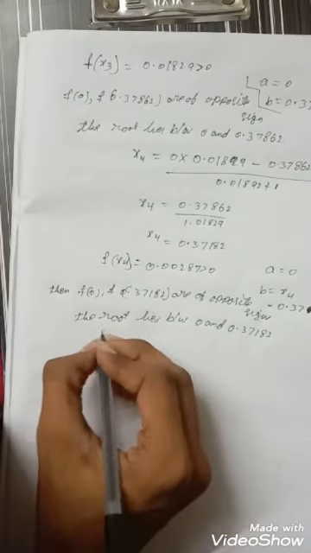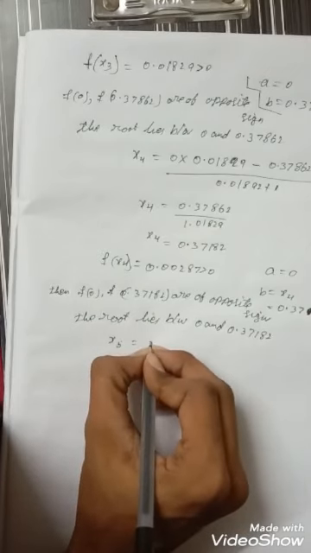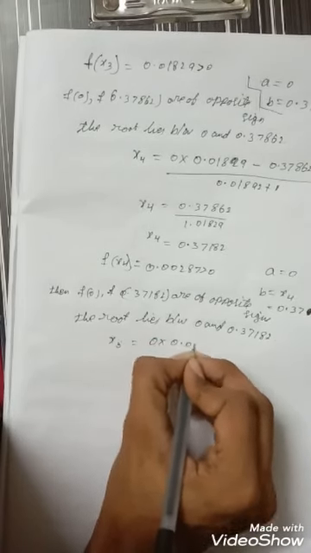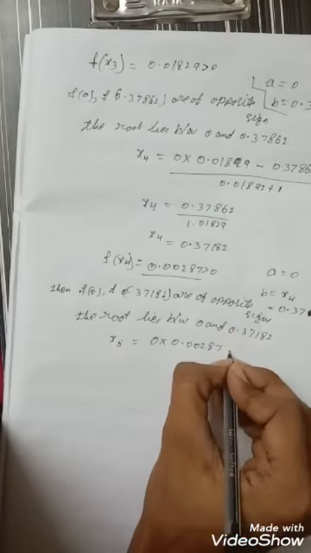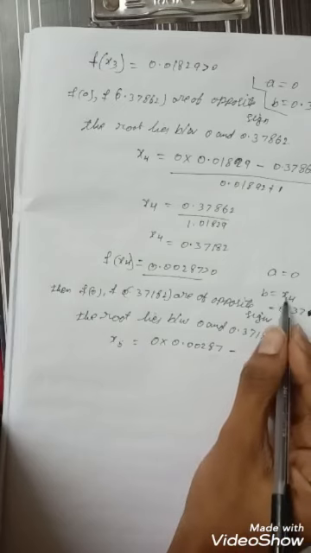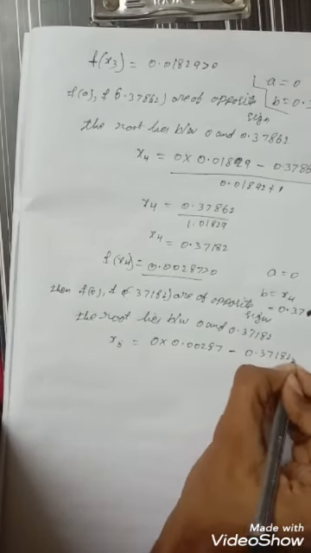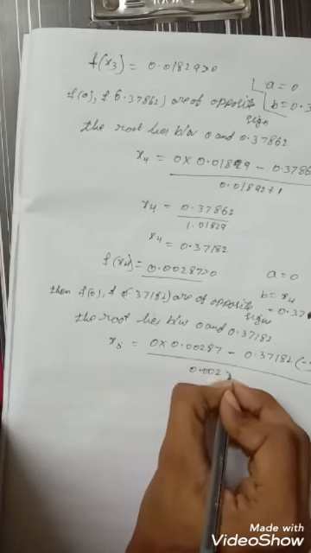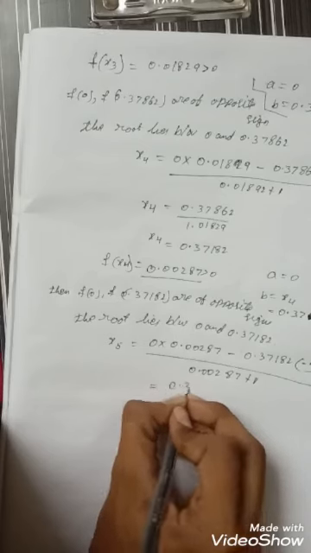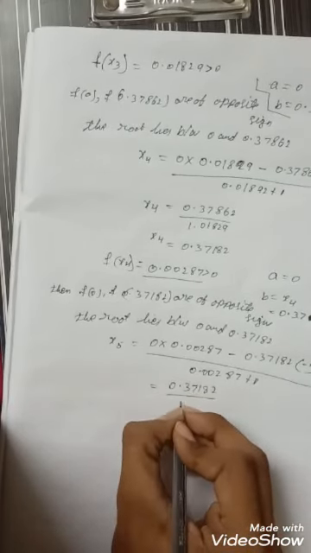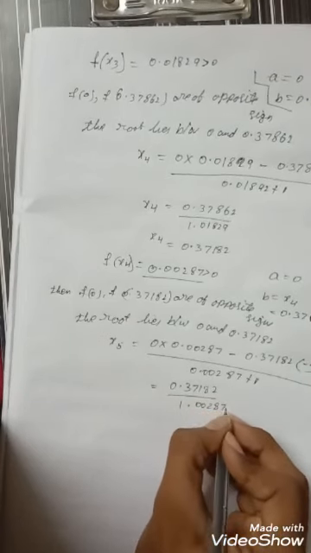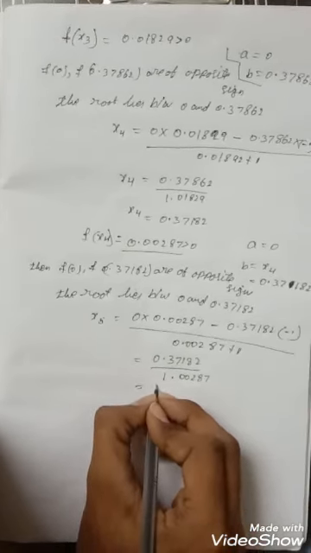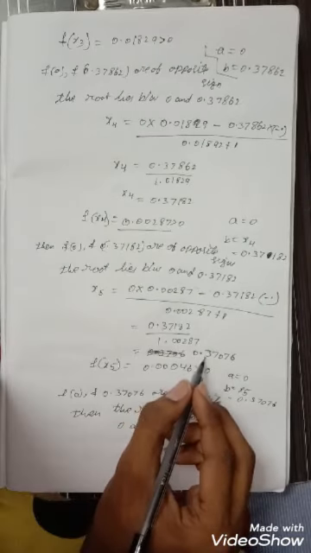Then we find the next approximation x5 from the formula, a as 0 into f of b, meaning 0.00287, minus b, meaning x4, as 0.37182, into f of a, meaning f of 0, as minus 1, by 0.00287 plus 1, is equal to 0.37182 by 1.00287, which is equal to x5 is 0.37076.